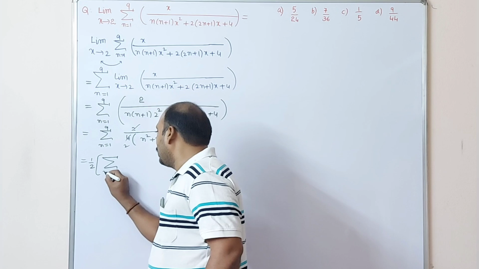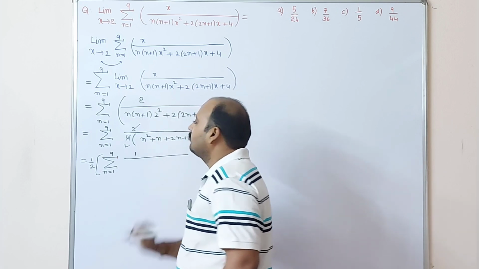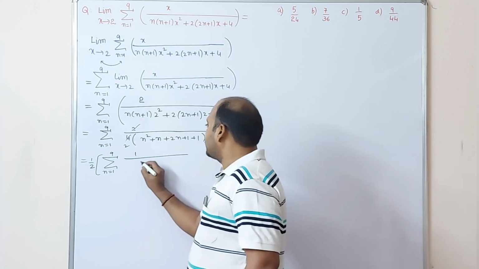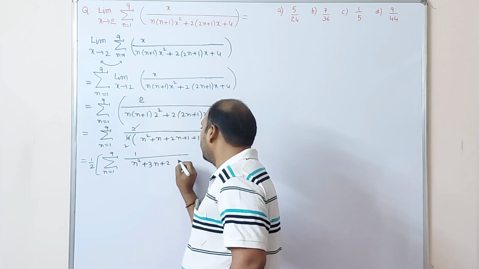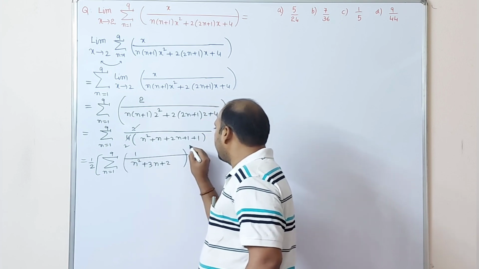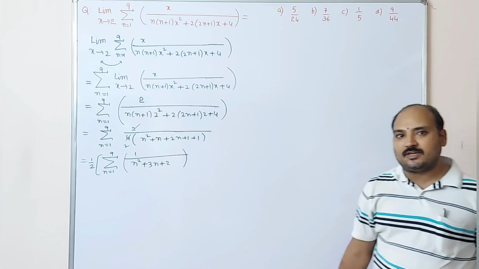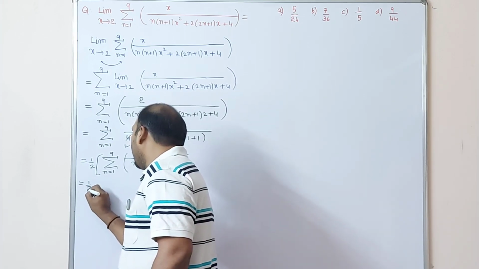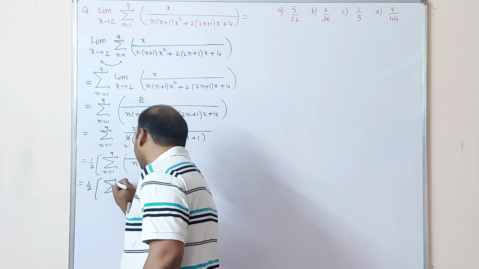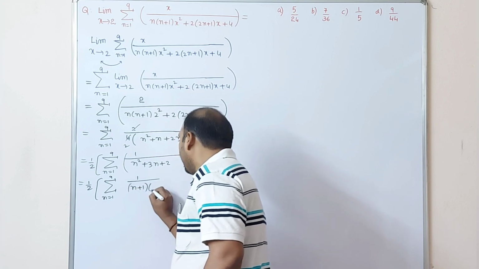Sigma n is equal to 1 to 9, 1 by n square plus 3n plus 2. So factorization we need to do here. N square plus 3n plus 2 factors as n plus 1 into n plus 2. After that we can do that, 1 by 2 sigma n is equal to 1 to 9, 1 by n plus 1 into n plus 2.